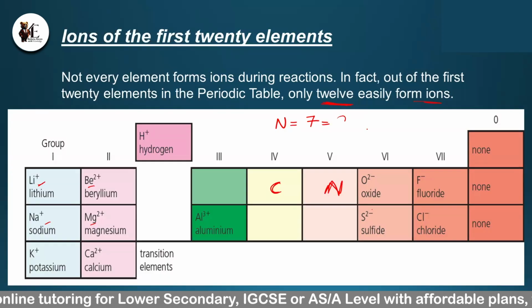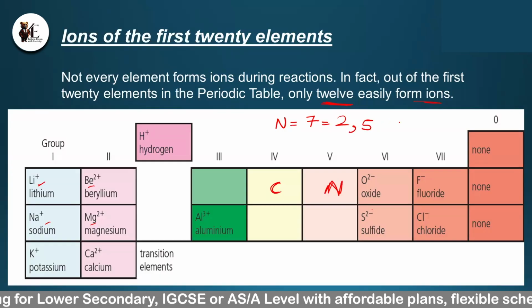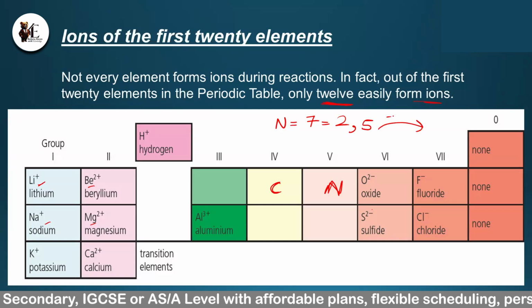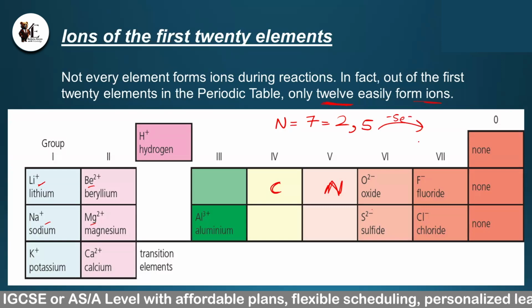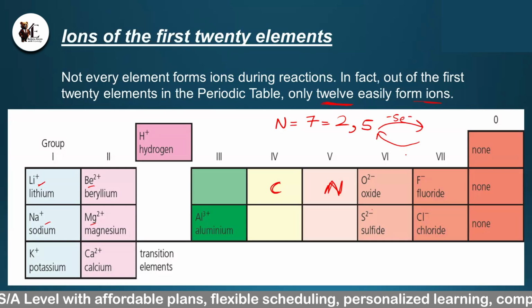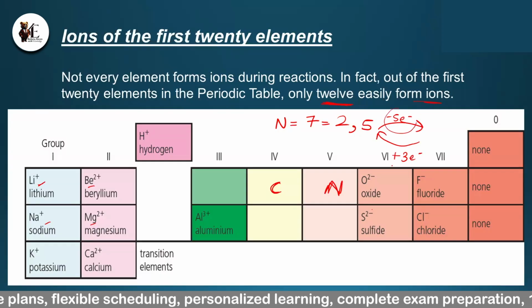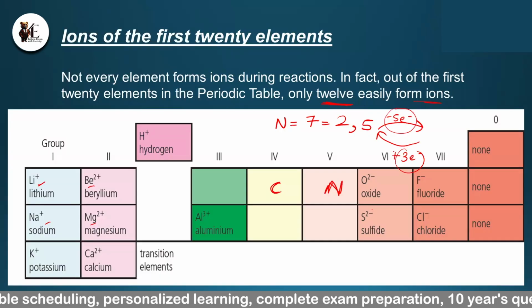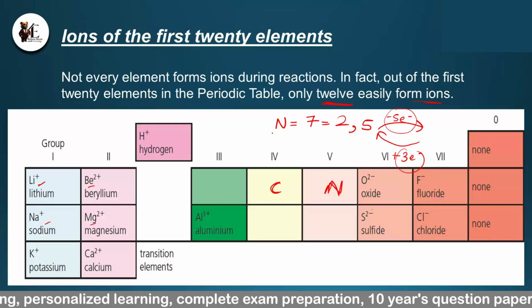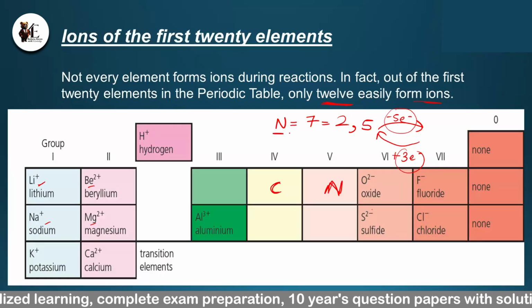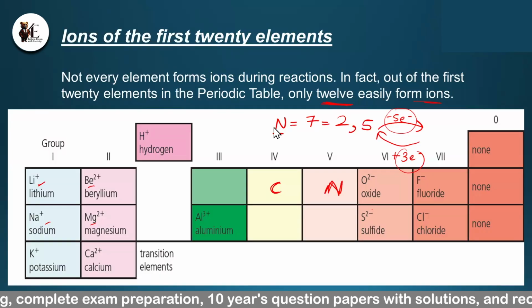2,5. Yes. So it either has to lose 5 electrons to achieve stability, or gain 3 electrons to achieve stability. So a larger number of electrons are required to lose or gain. It requires a larger amount of energy, so they do not form ions easily. They do form, but not so easily.